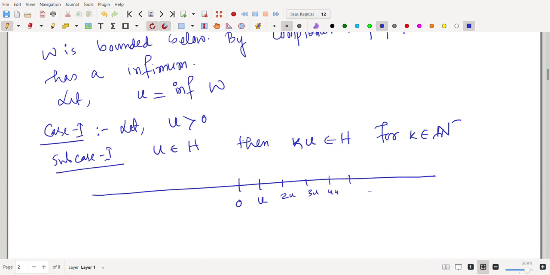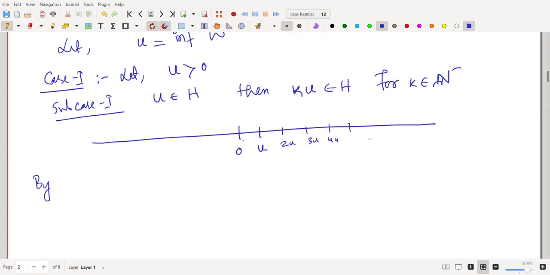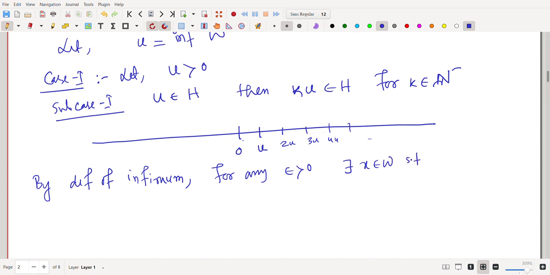Now by the definition of infimum, for any epsilon greater than 0, there exists an element x belonging to W such that x belongs to the interval U comma U plus epsilon. That is by the definition of U, right?